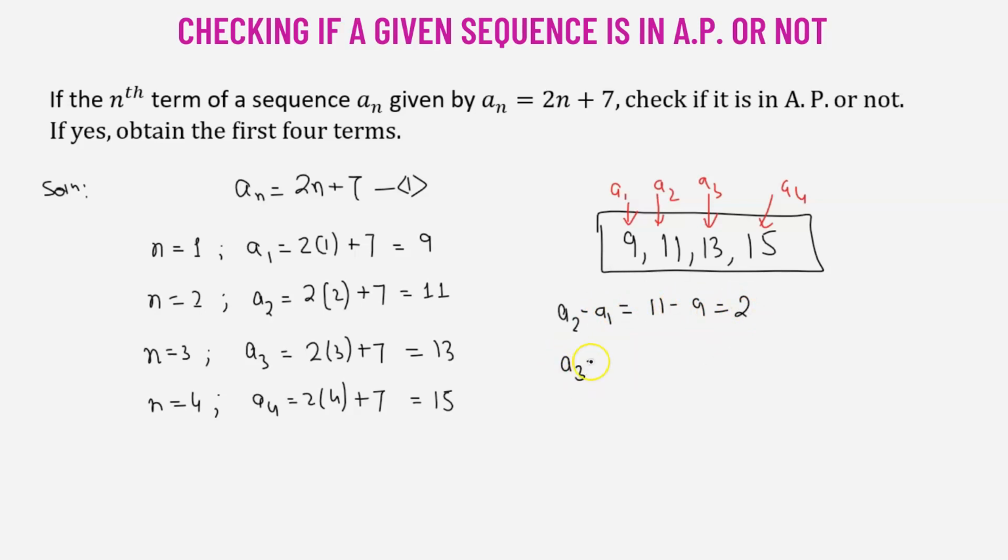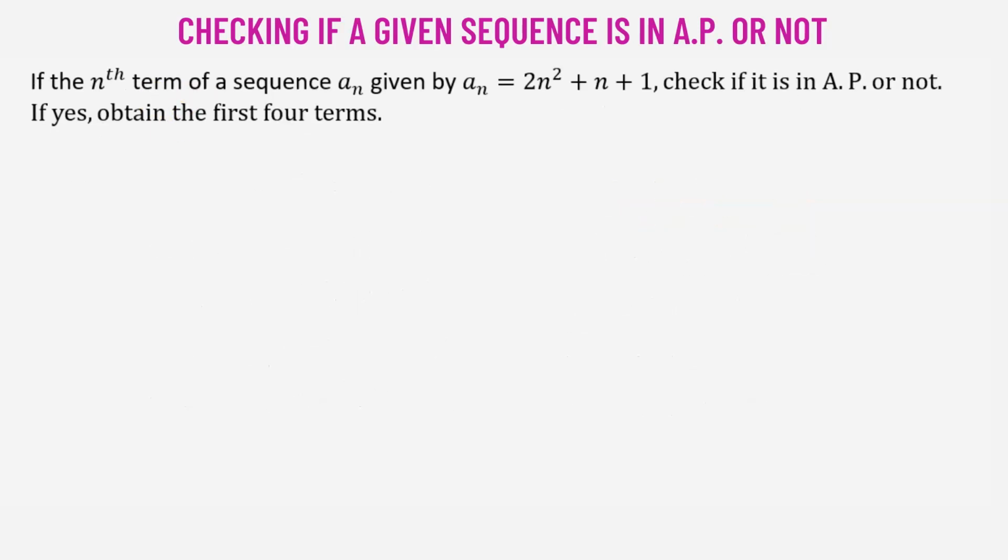Then we'll compute a3 minus a2, which is 13 minus 11, giving us 2, and a4 minus a3 gives us 15 minus 13, which is 2. Now we see that in each case the difference is the same. So we say that the common difference is equal to 2, and hence we can say that our given sequence is in AP. Let's move on to the final problem.